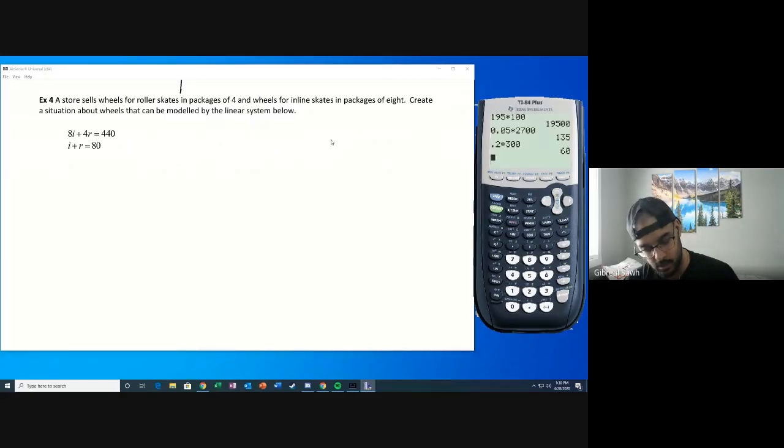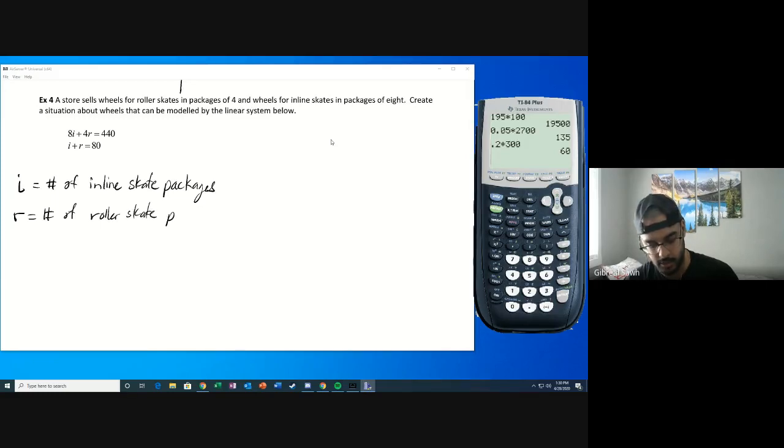Let's call I the number of inline skate packages, and R the number of roller skate packages. They do kind of sound like the same thing.